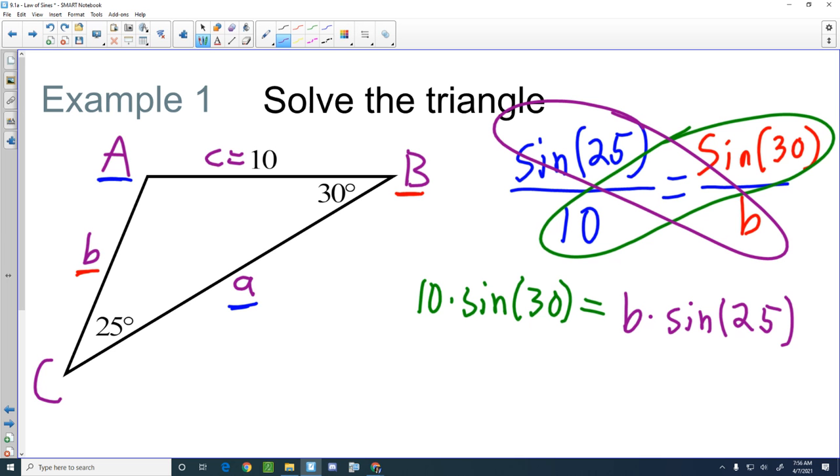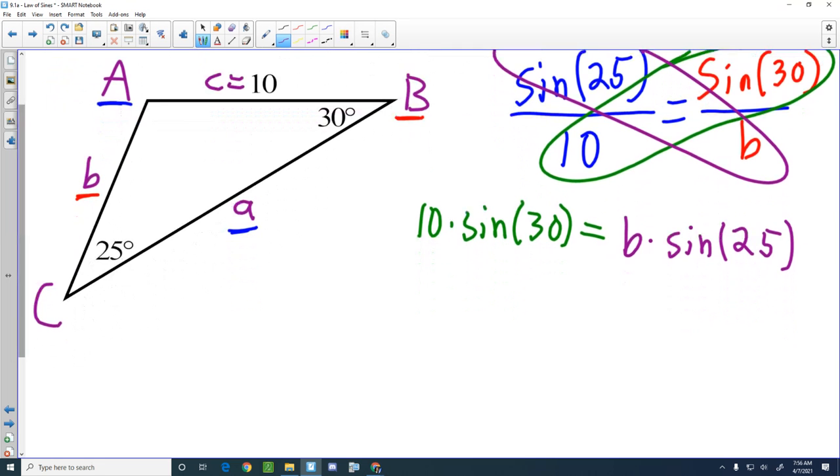Okay, so I'm solving this equation. Remember, there's still an equal sign. I want to get the variable by itself. That variable is the lowercase b. How would I get that b all by itself on the right side? What do I need to get rid of? How can I cancel out that sine of 25? Let's just divide both sides by the sine of 25 so that it cancels out.